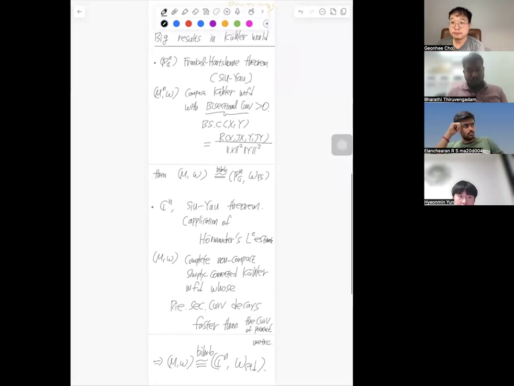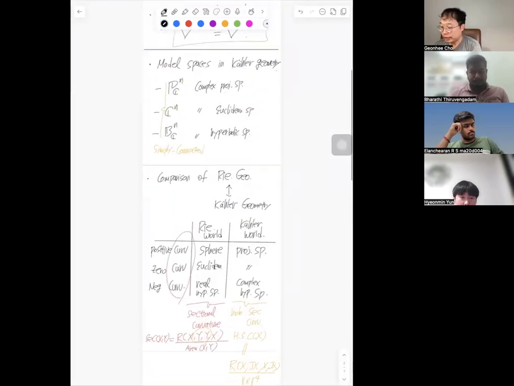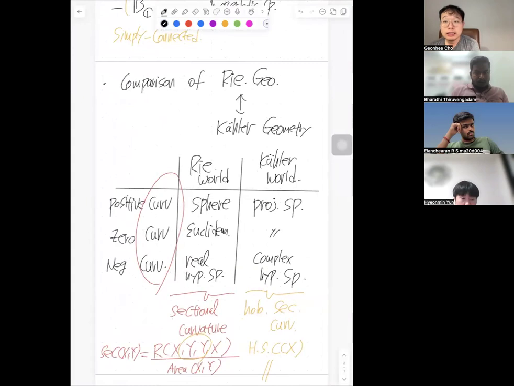So if I go back to the table, geometry concerns the classification, and for the positive curvature and zero curvature cases in this world, these are already solved. We know the characterization in terms of the curvature.